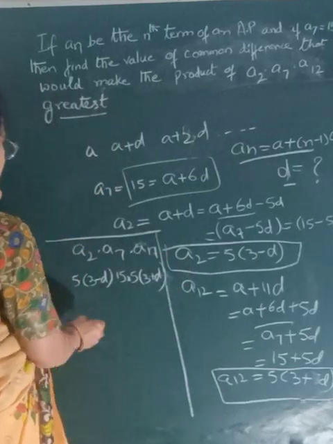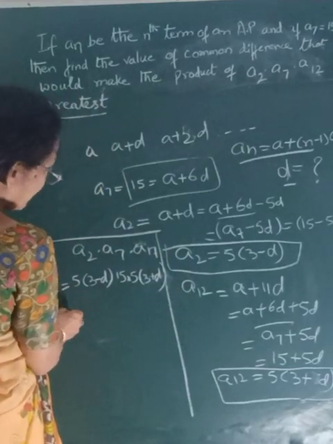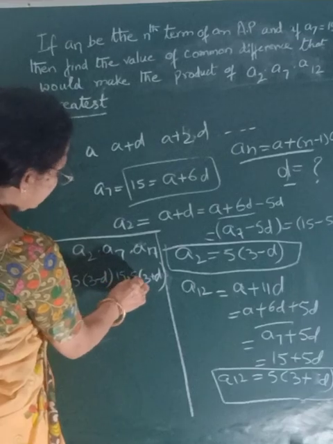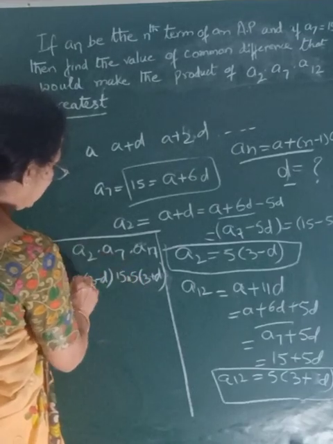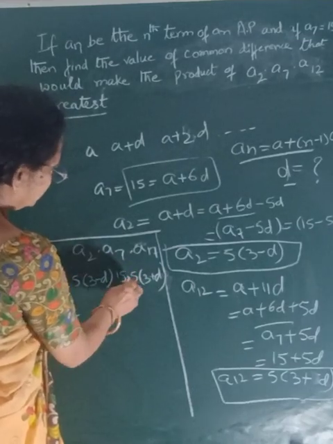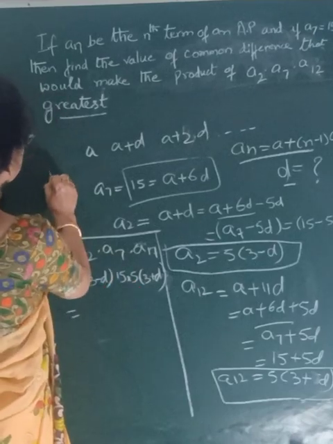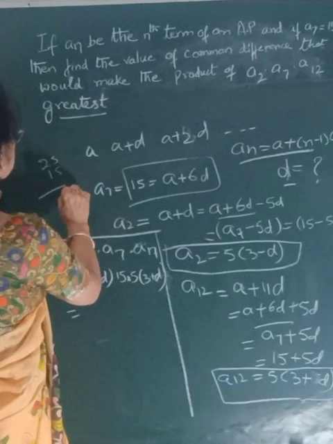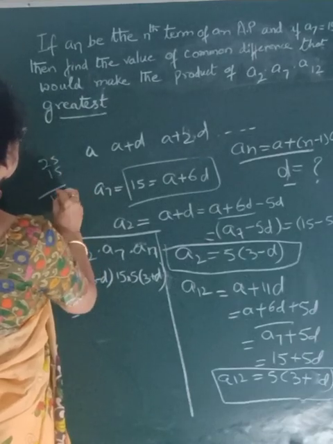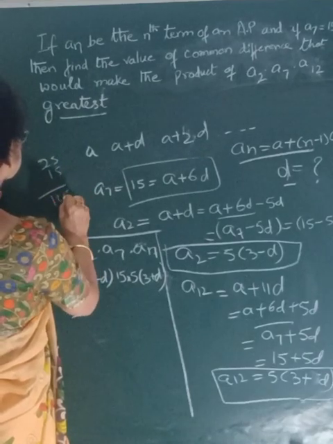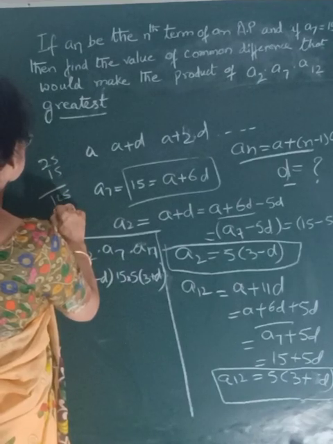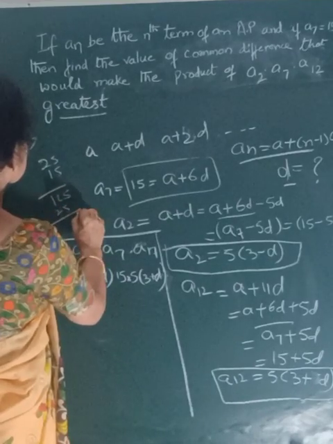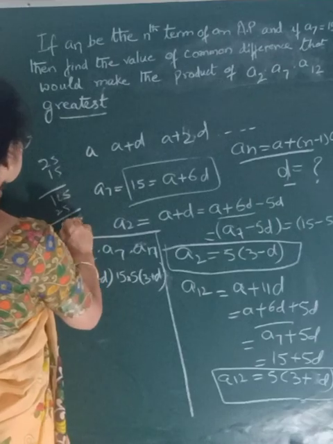Then this will be equal to 15, 5 fives are 25, 15 into 25, that is 375.